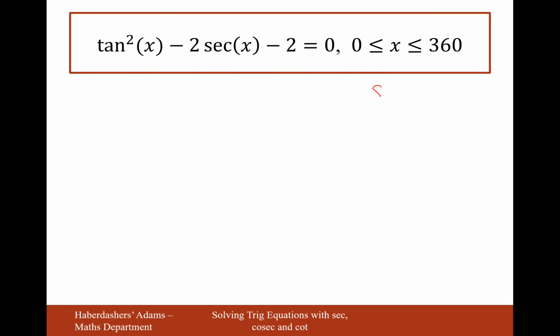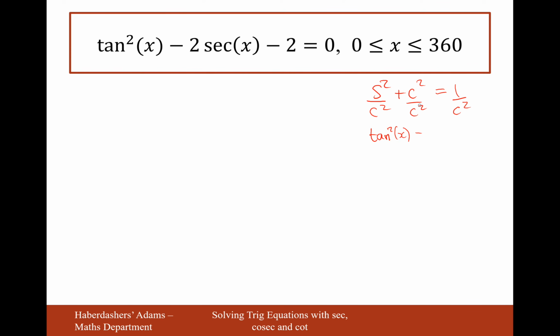Now we remember that sine squared plus cos squared equals 1. I don't really fancy writing it all out, so I'll just write s squared plus c squared equals 1. I'm then going to create a tan. So to create a tan, I need sine divided by cos. So I'm going to divide everything by cos squared here. And then sine squared divided by cos squared would give me tan squared.